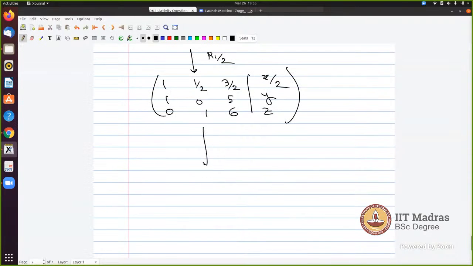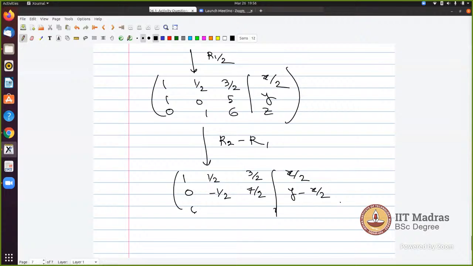Then R2 minus R1. So 0, minus half, 5 minus 3 by 2, so it is 7 by 2. So Y minus X by 2, right? 0, 1, 6, Z.